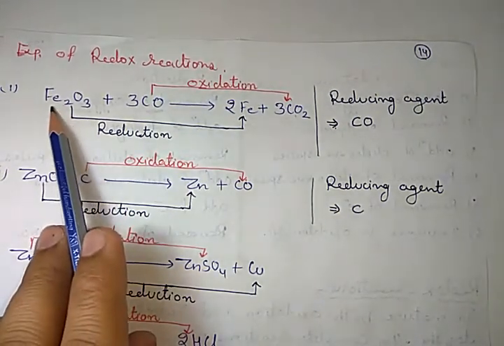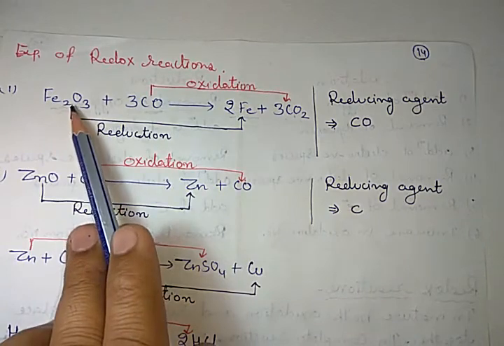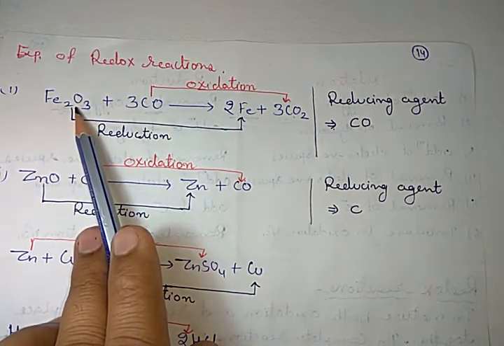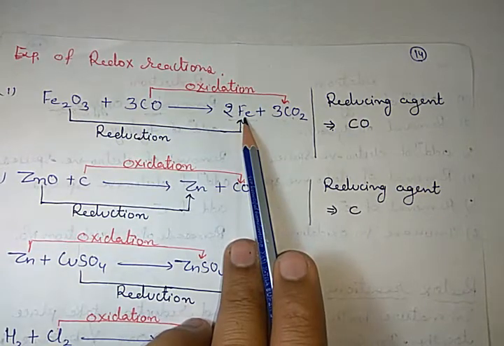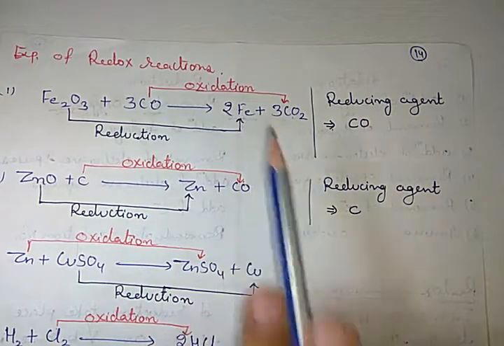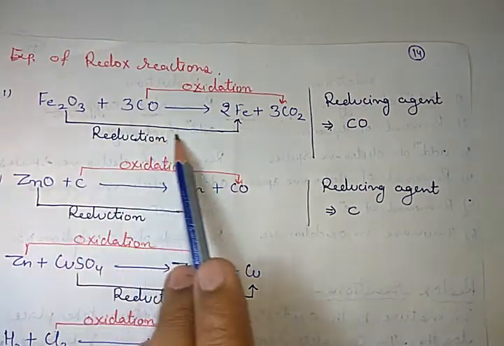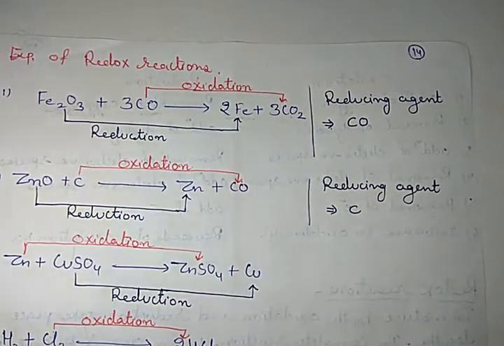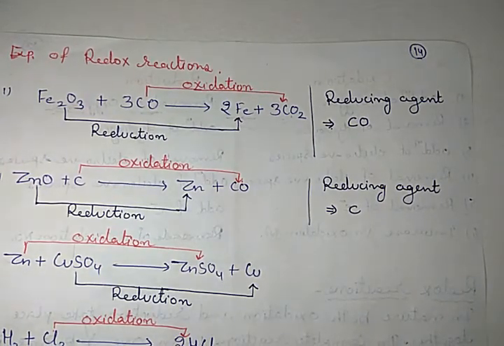If I consider iron here and iron here, then it has oxygen, but now it does not have it, that means it loses oxygen. And you know that if any substance loses oxygen, then it is known as reduction.